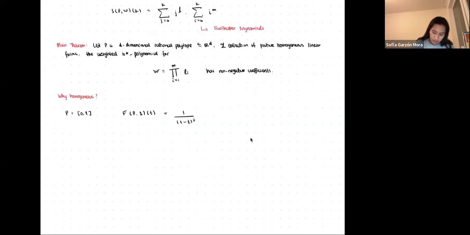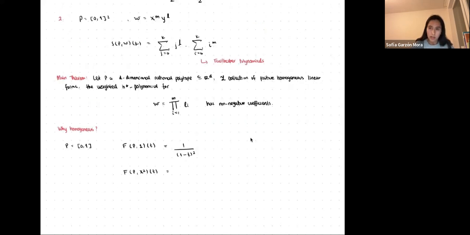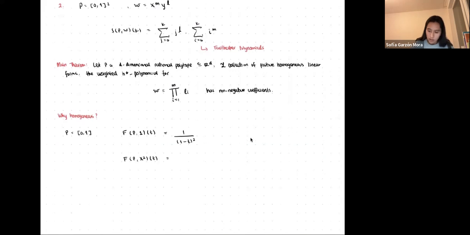And what if I take, for example, the same polytope and then I take the weight x squared, right? So basically I kind of told you in the examples how to compute it. But not quite, right? We still have some work to do.